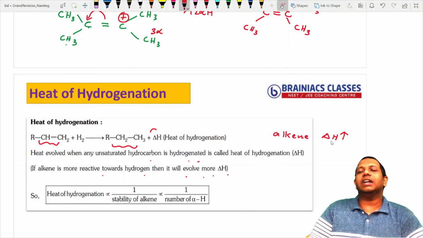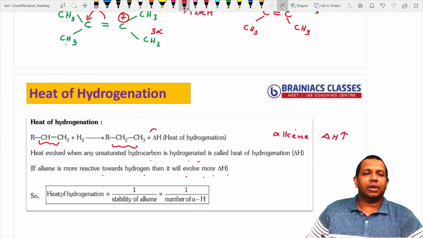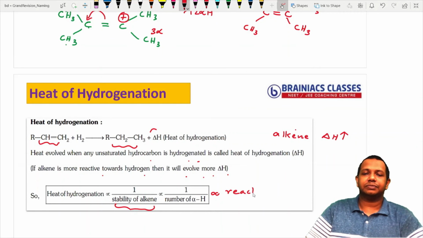So if delta H is very high, that means the alkene is less stable and more reactive. So you can say heat of hydrogenation is inversely proportional to stability of alkene. Correct? And it will be directly proportional to what? Reactivity of alkene.